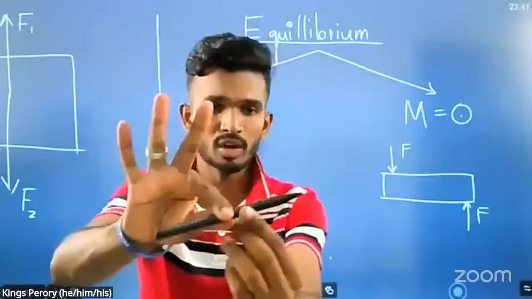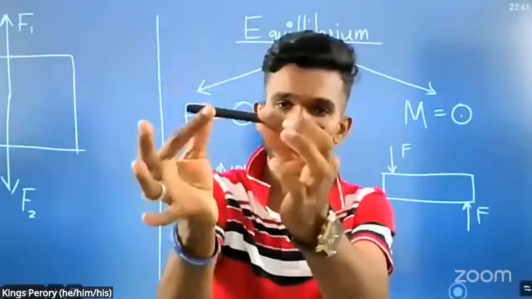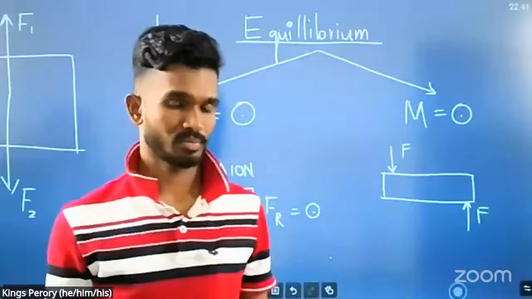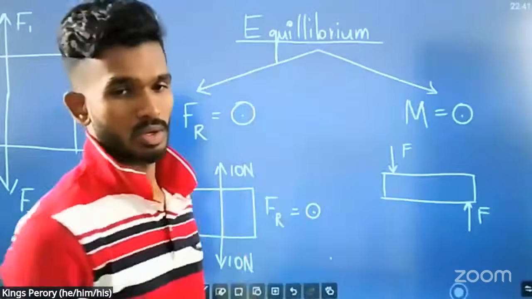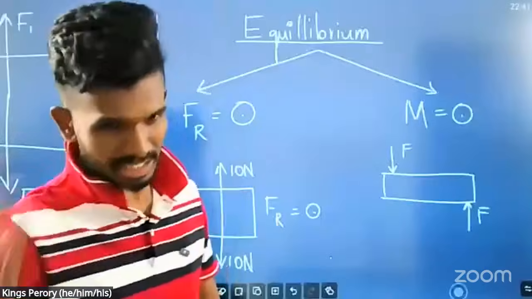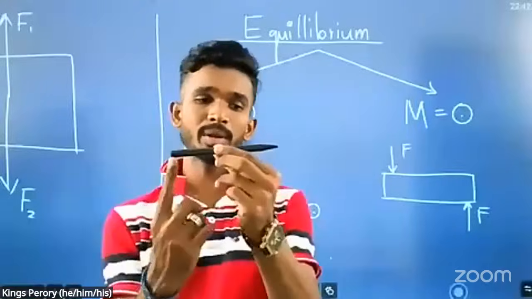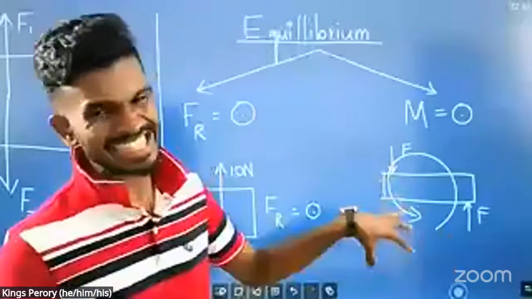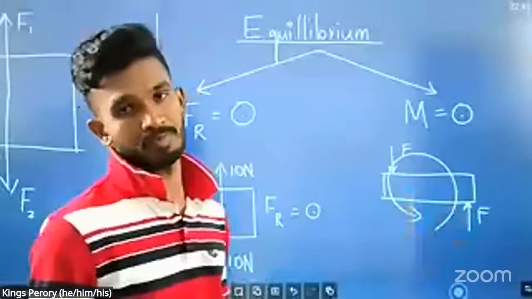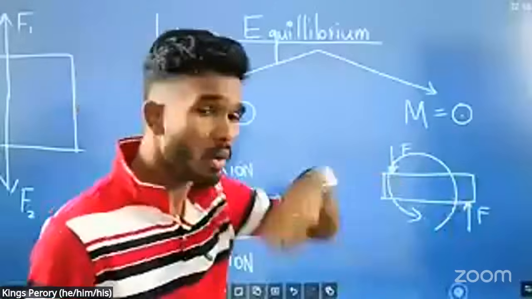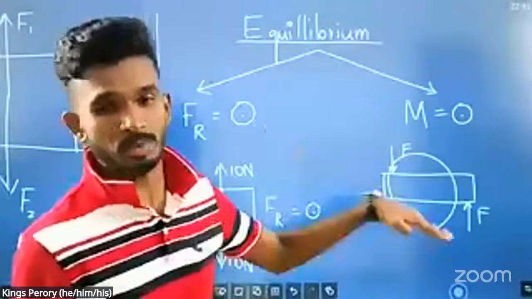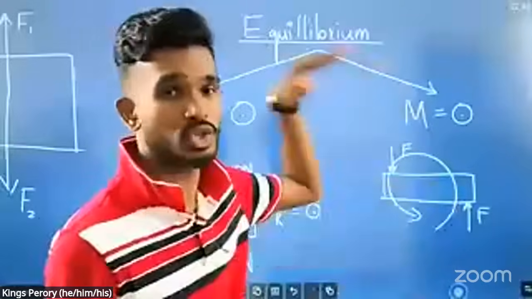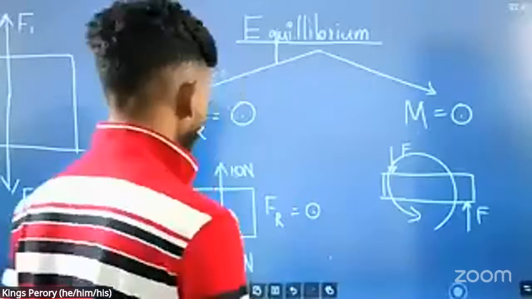Practically think: will the rod be at equilibrium or begin to rotate? It begins to rotate. If it rotates, is it at equilibrium? No. Then is the moment 0? No. So remember, for an object to be at equilibrium, the moment should be 0. There should be no turning effect, no rotation.